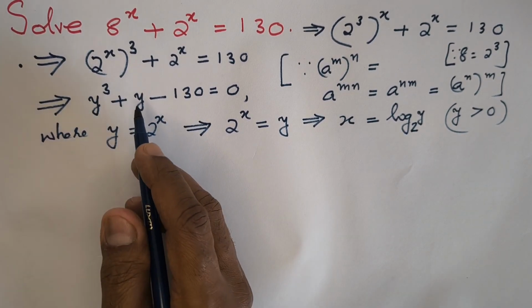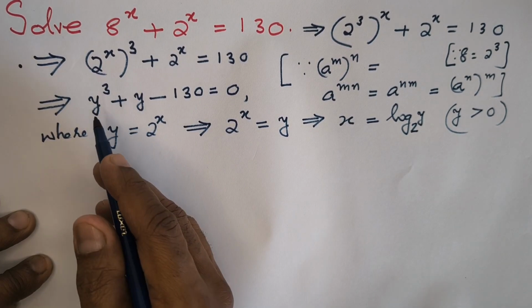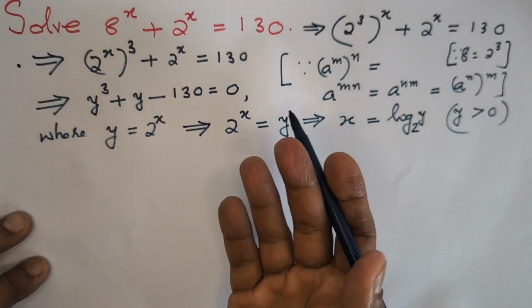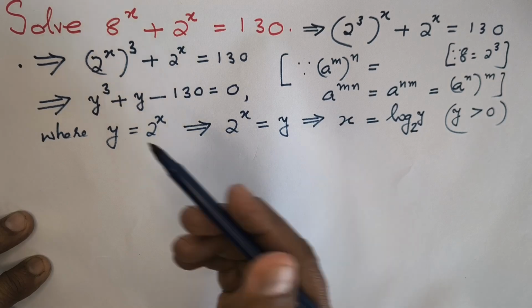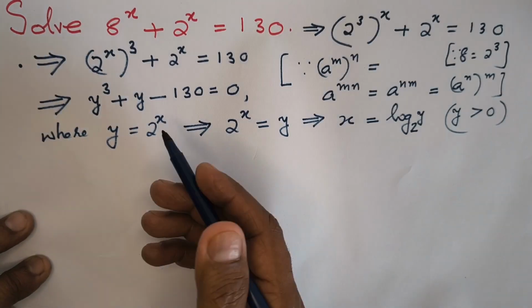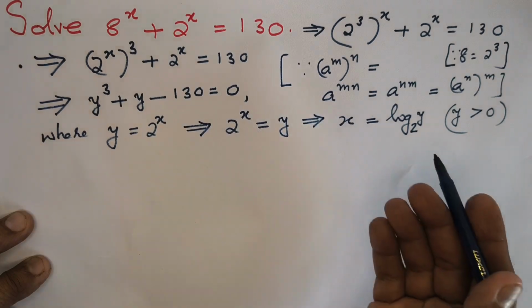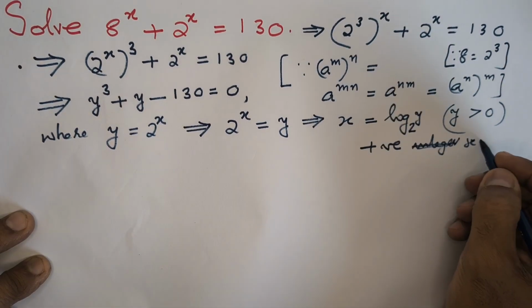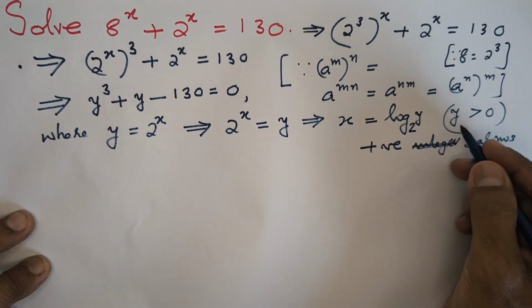Solving this cubic equation, you will have a maximum of 3 solutions or roots. If the solutions are positive, you can apply here. Supposing you have negative real roots or complex roots, we don't need to apply that here because logarithm is defined only for positive real numbers. That's what I mentioned here.